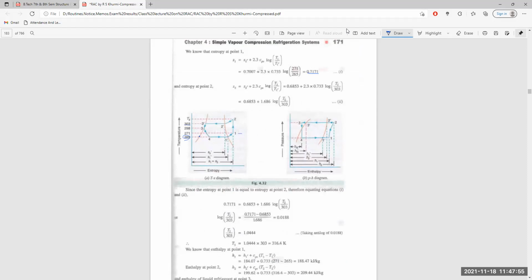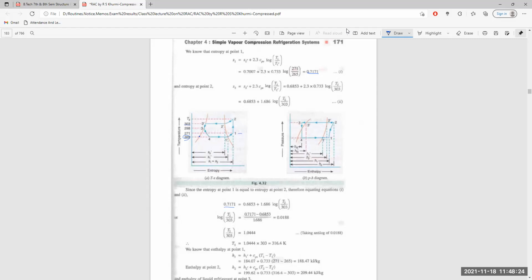So we put the value of this equation equal to 0.7171, and here we are getting the only unknown value, T2. After simplification and taking the anti-log, we get T2 by T2 dash is 1.044, so T2 is 1.044 times 303, which is 316.4 degree Kelvin.